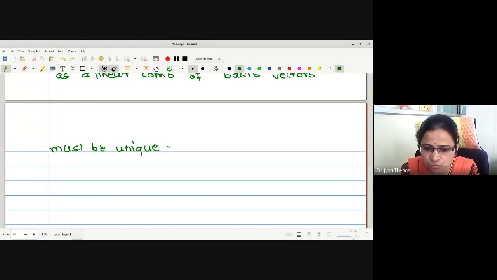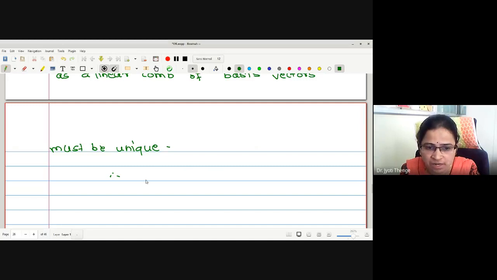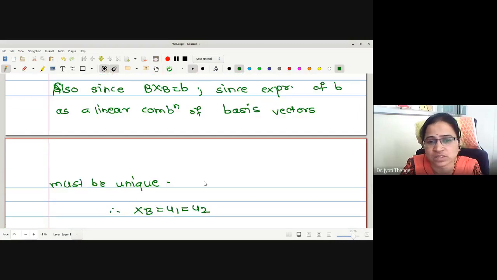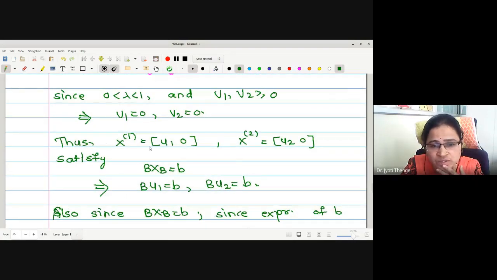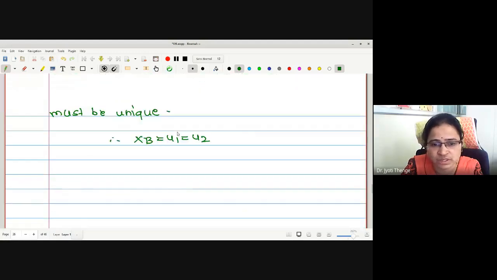If it is unique, therefore what do we get? u1 is equal to u2 is equal to xb. But if u1 is equal to u2, it gives us x1 is equal to x2.